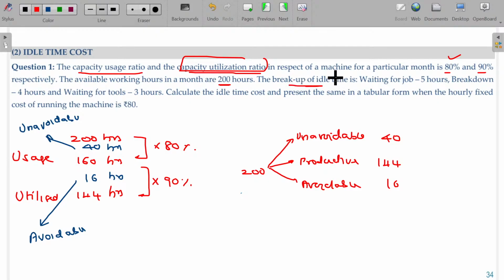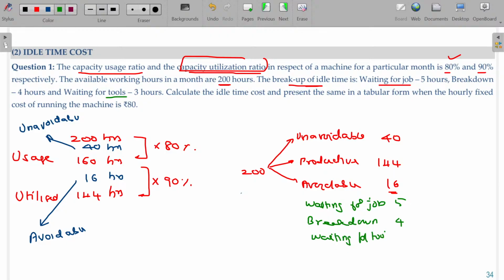And the breakup of idle time is waiting for the job. This 16 is now segregated into waiting for job, 5 hours; machine breakdown, 4 hours; then waiting for tools, 3 hours.